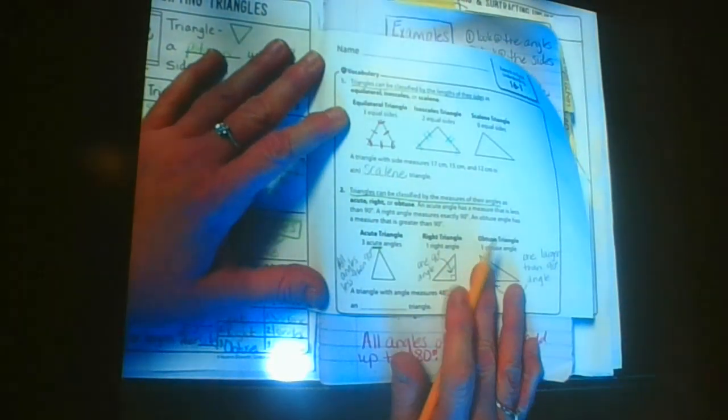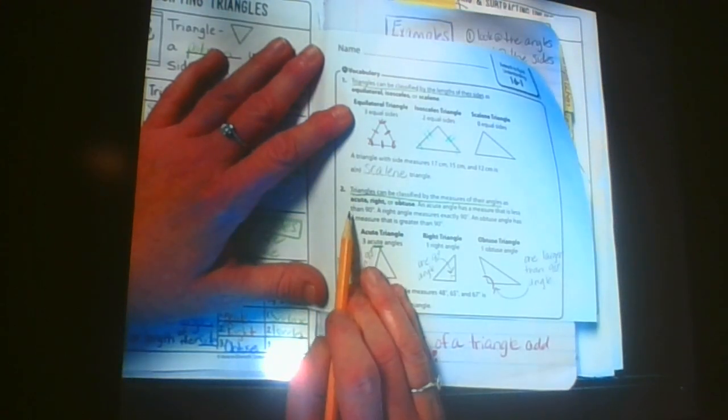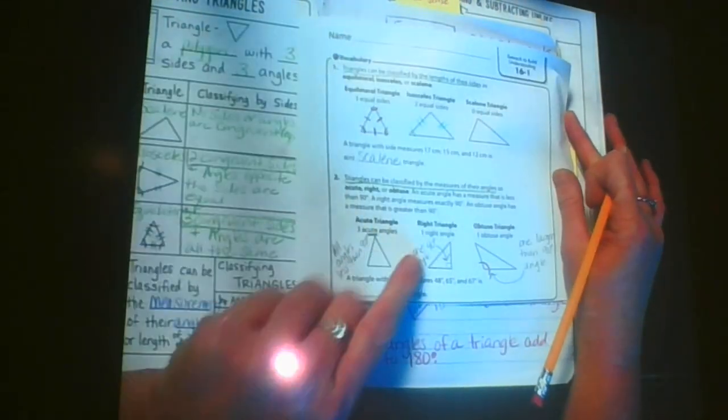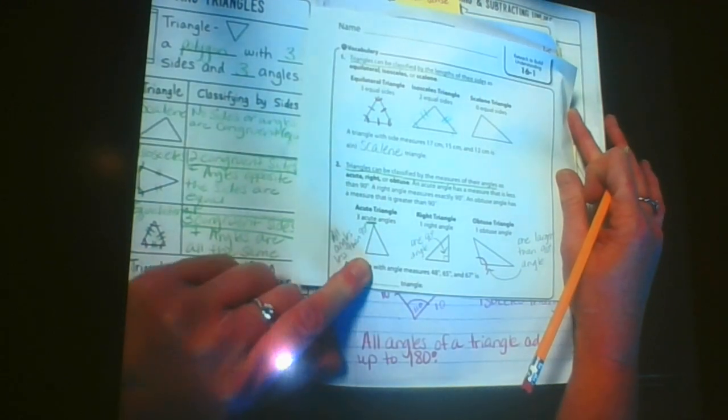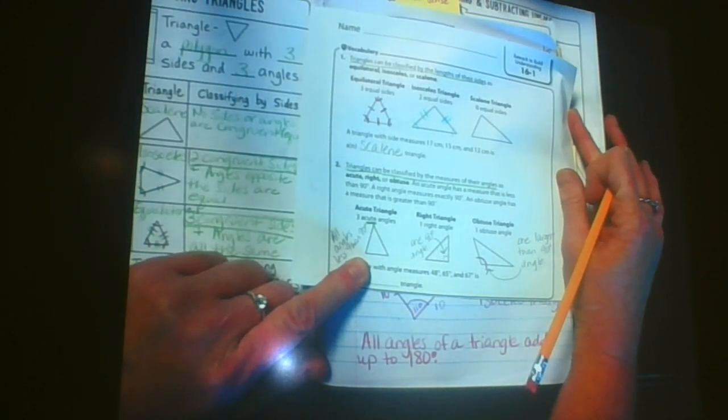triangle, okay? And then secondly, it says here, triangles can be classified by the measures of their angles. We have an acute, which is acute, as Miss Ray says. That's the one with the smaller angles, because it's so small and cute. Again, all of those angles are less than 90 degrees.